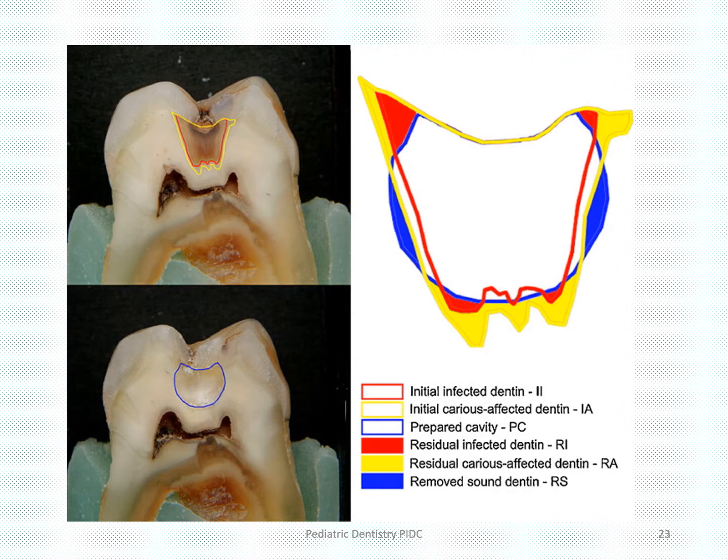This diagram again shows us the caries excavation. So here the blue line is your prepared cavity, all right, and the yellow line here is your initial caries affected dentine, okay, and the red line is your initial infected dentine. So red line is infected, yellow line is the affected. Okay, so now if you see the overlap, you will find that once you finish your caries excavation, to the naked eye you will have some affected dentine remaining, and there will be some residual infected dentine also after you finish your caries excavation.